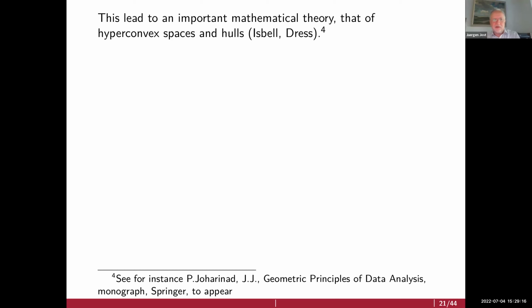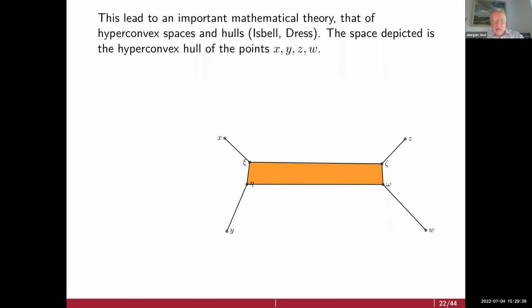Well, as a mathematician, you develop a theory, namely the theory of hyperconvex spaces and hyperconvex hulls, and much of it was done by my good friend Andreas Dress in close collaboration with biologists, in particular the Nobel Prize-winning biological chemist Manfred Eigen. So you fill in the region that doesn't fit into a tree, and you call that the hyperconvex hull.